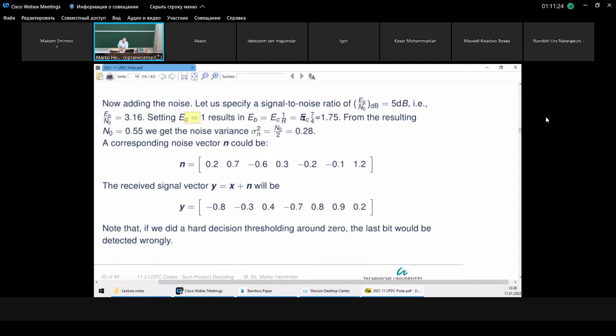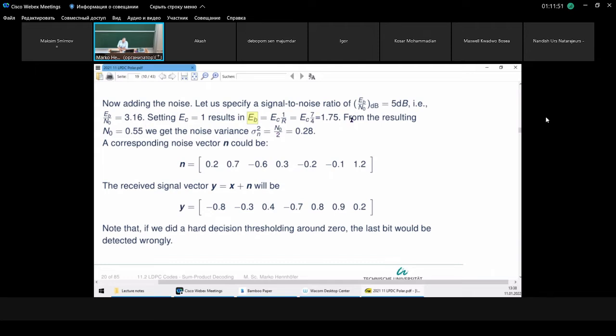This will, of course, result in a larger E_B. Think back to when we started with the coding: inserting redundant bits will reduce the energy per coded bit. So this is why the energy per coded bit must be less than the energy per bit.